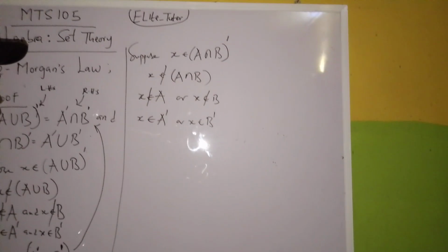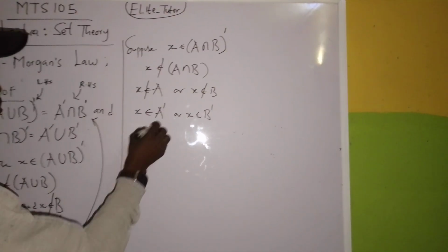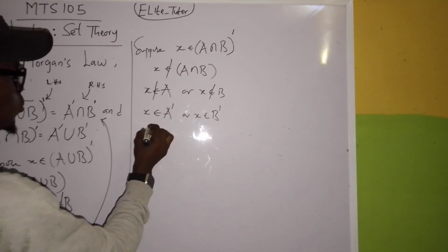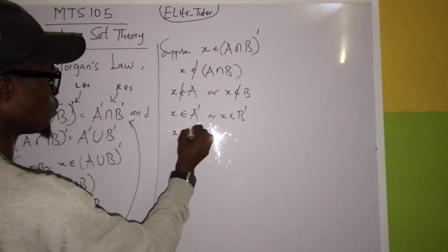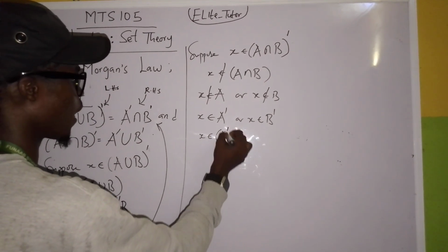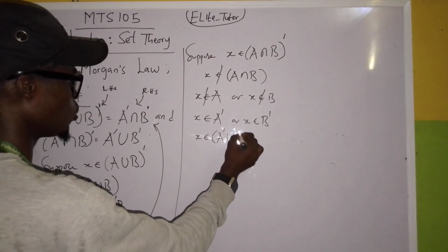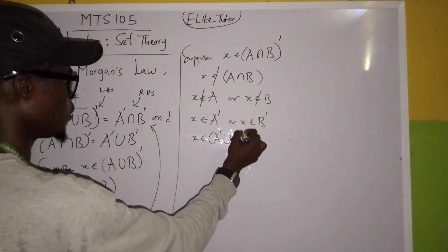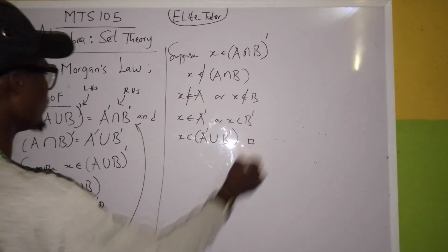They are two different things. So try to get the point. No stress. Putting this together, it suffices that x is a member of A prime union B prime. So this is proved.